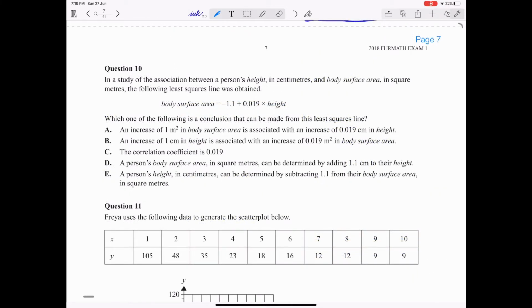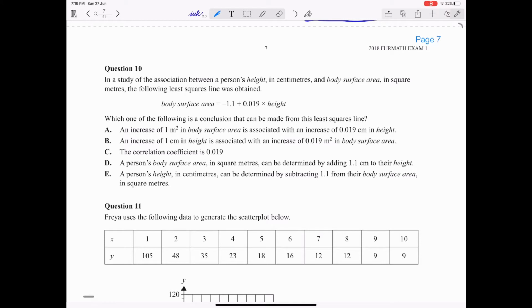Question 10. In a study of the association between a person's height in centimeters and body surface area in square meters, the following least squares line was obtained. Which one of the following is a conclusion that can be made from this least squares line? A. An increase of 1 meter squared in body surface area is associated with an increase in 0.019 centimeters in height.